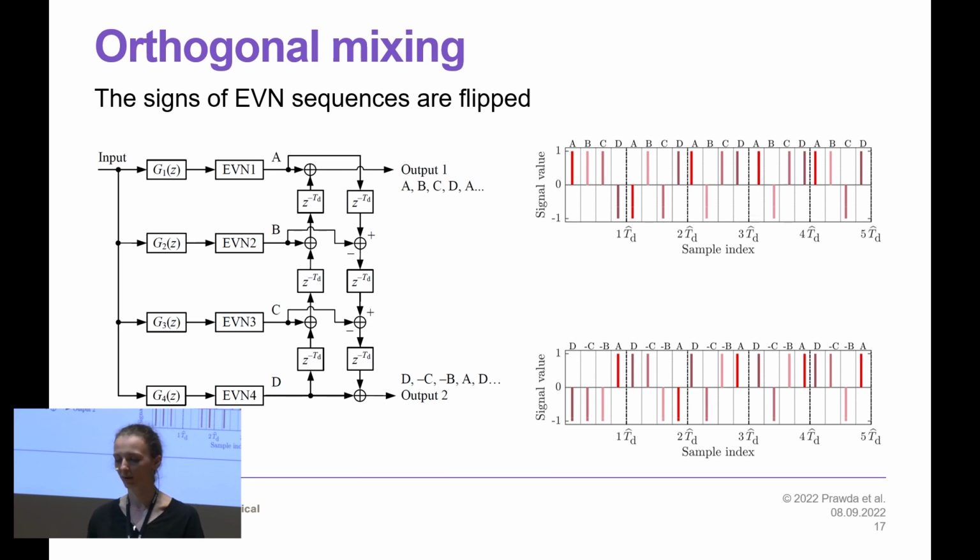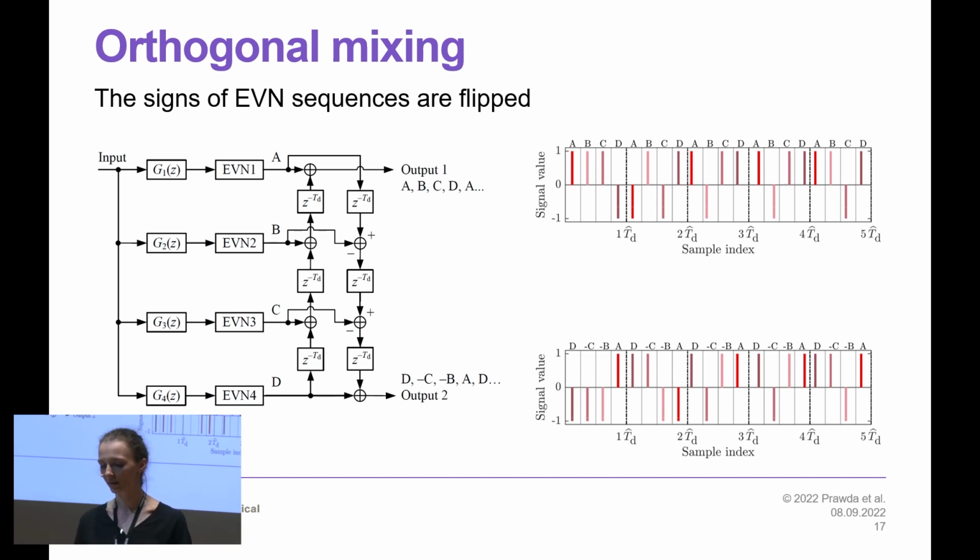We again have our interleaved velvet noise reverberator, but you can see that in the second branch, some of the additions became subtractions. So the first output is unaffected by this, and we still have sequences A, B, C, D, but the second output is actually affected, so our sequences are now not DCBA, but D, minus C, minus B, A.